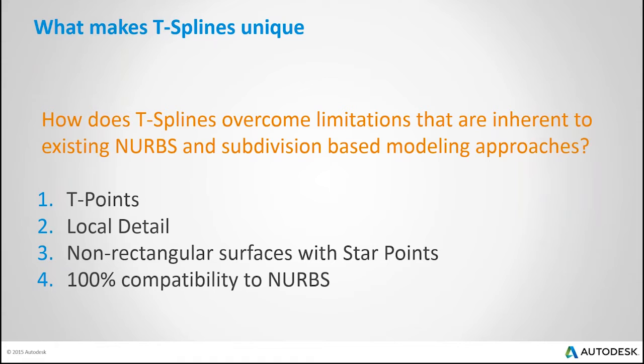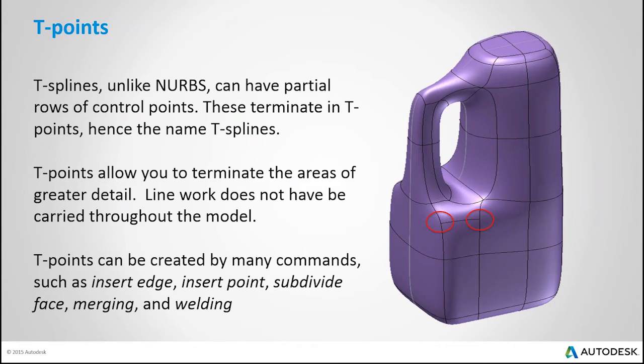So if you want to know what makes a T-spline unique, it's got T-points, which are specific to T-splines, that's where it gets its name from. It's got local detail, and it can utilize non-rectangular surfaces with star points, and it is 100% compatible with NURBS.